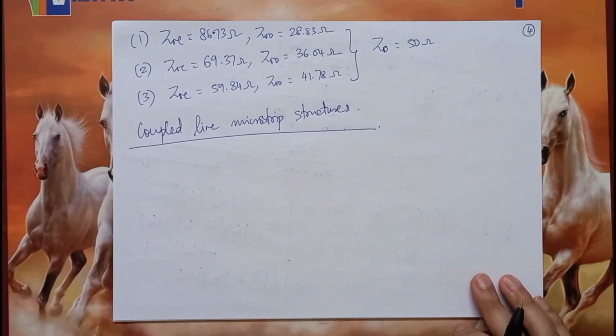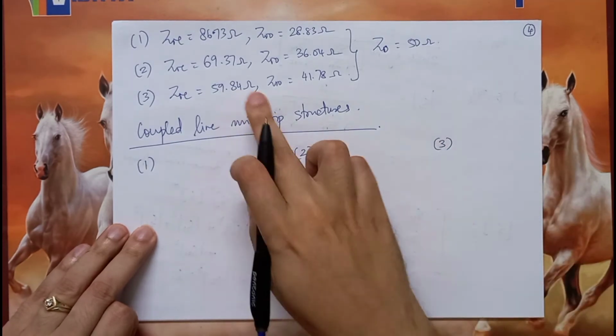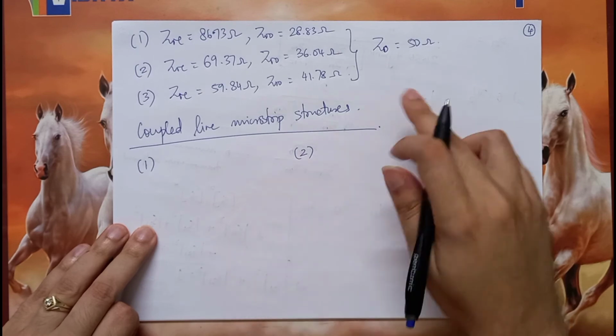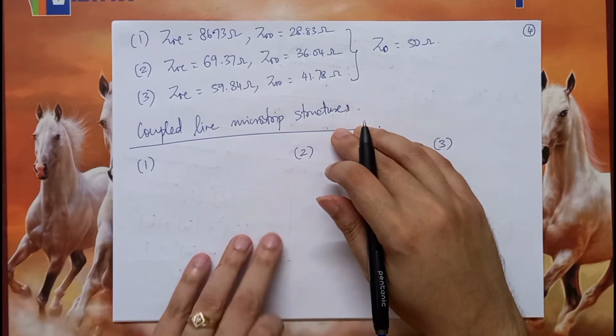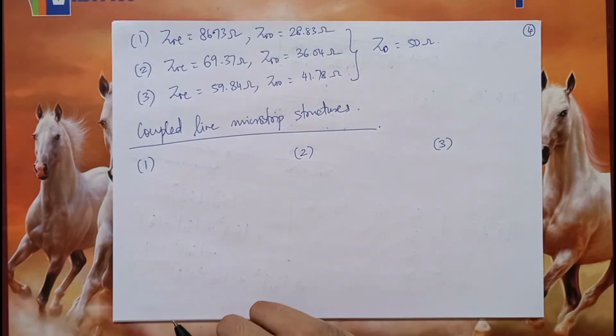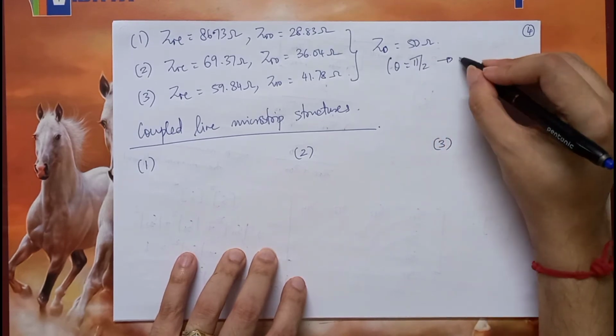Over here we can take the three cases independently. There exist formulae also which will help you find out the width, the length and so on. We have not discussed too much about the length of the line, we just left it as theta. But suppose we want to obtain the maximum possible coupling for each case. Then we know that theta equals pi by 2 is when maximum coupling occurs.